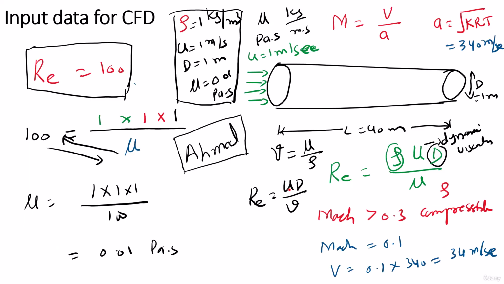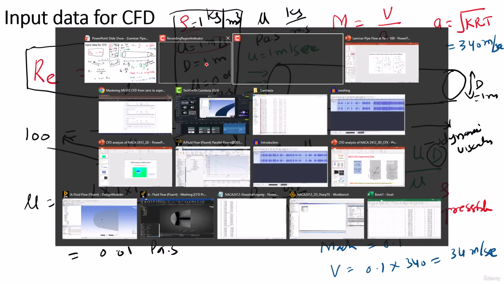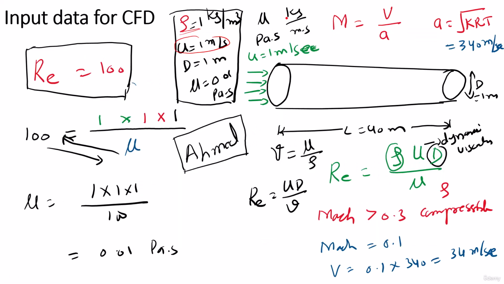Now we are going to the CFD analysis. The Reynolds number is equal to 100. I have taken the density as 1 kilogram per meter cubed, and the velocity as 1 meter per second. The diameter is 1 meter.